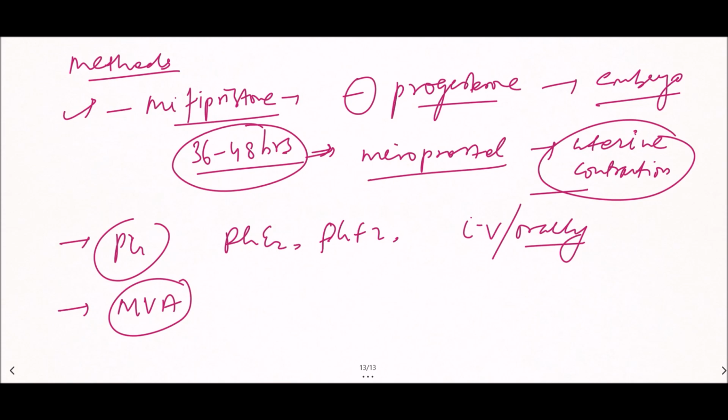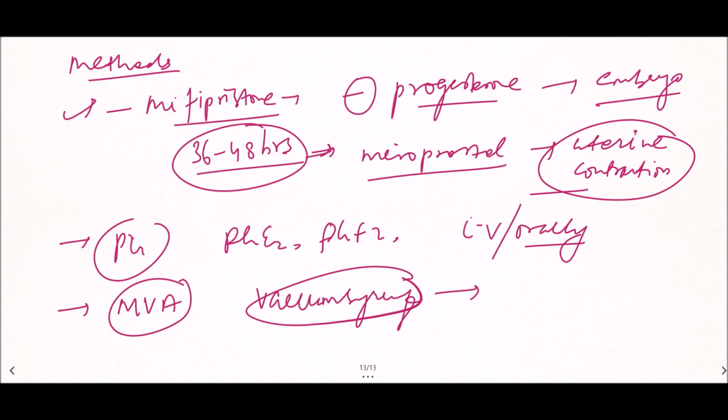What happens in case of manual vacuum aspiration? A handheld vacuum syringe fitted with a plastic cannula is introduced into the uterine cavity, and this cannula moves gently up and down over all sides of the uterine cavity, and the contents are broken up by aspiration.